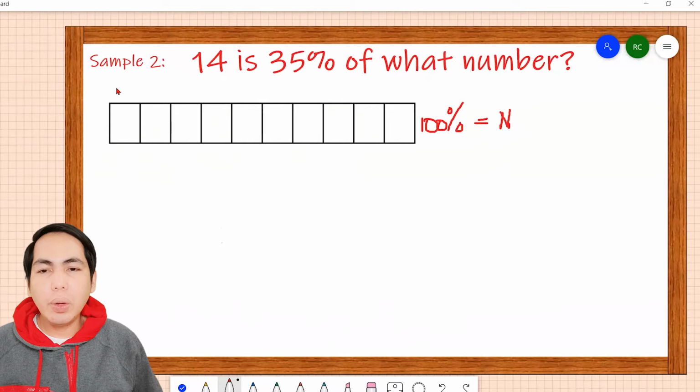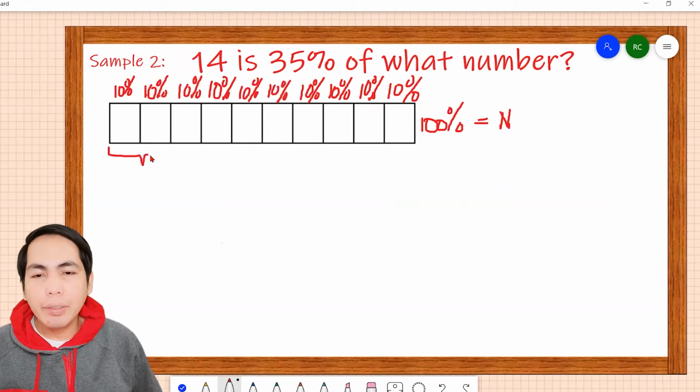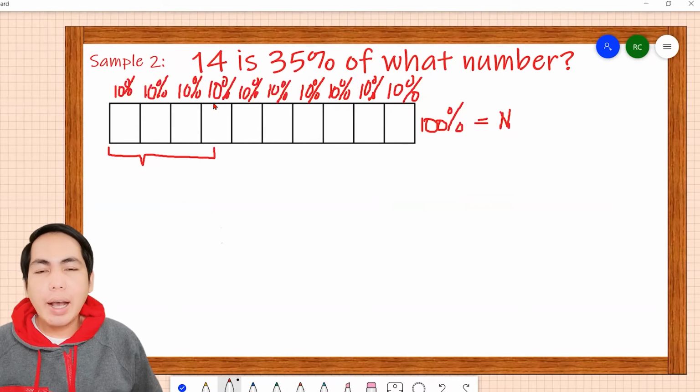So since we know that each unit is equivalent to 10%, 35% is equivalent to 3.5 units. Since half of 10 is 5, so 10, 20, 30 plus half of 10, which is 5, will give us 35%. These 3.5 units are equivalent to 14.